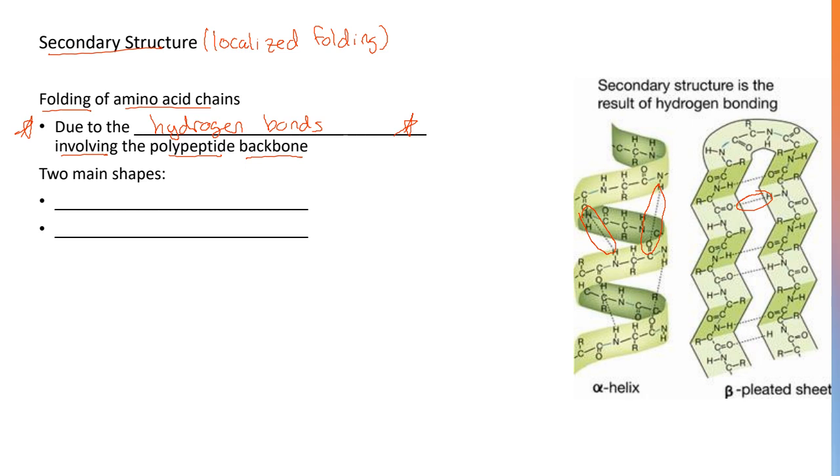Their folding has two main shapes. Okay, the secondary structure can have two main shapes. One is going to be an alpha helix, which is kind of a spiral shape, and the other one is going to be the beta pleated sheet.